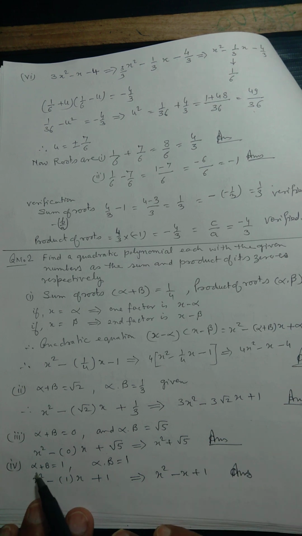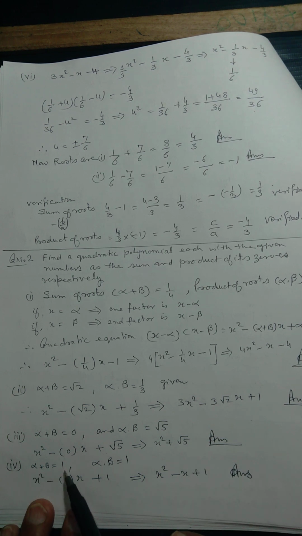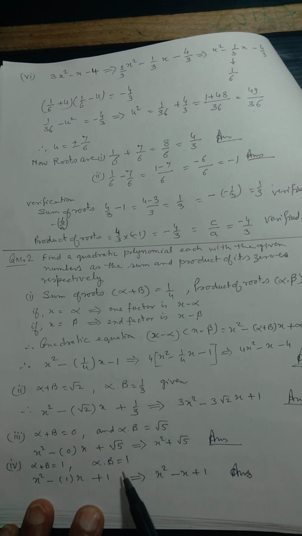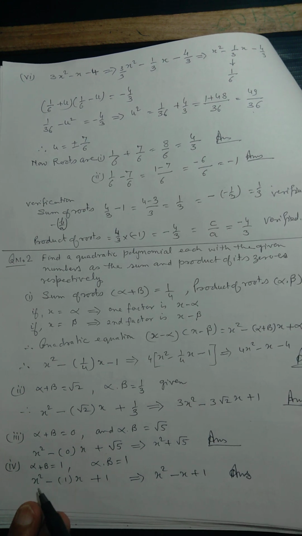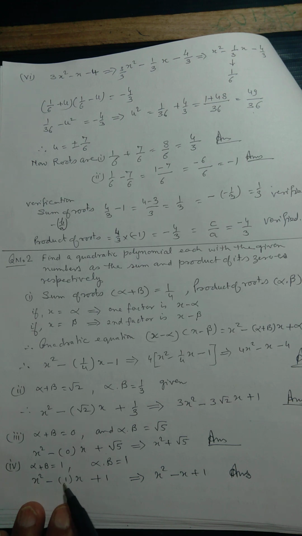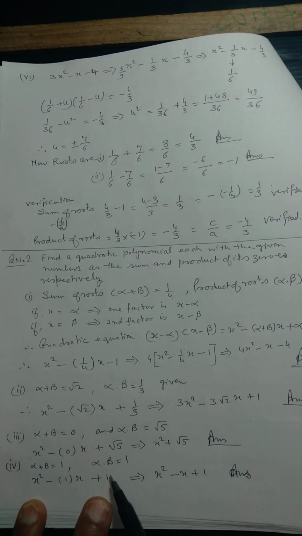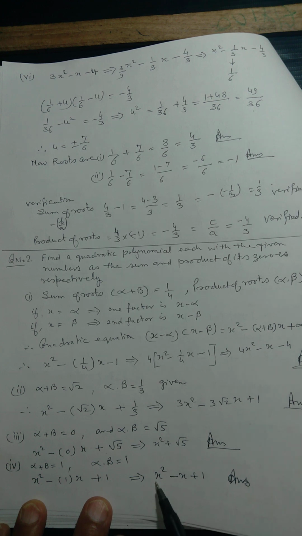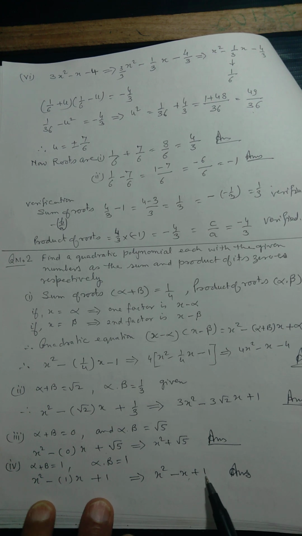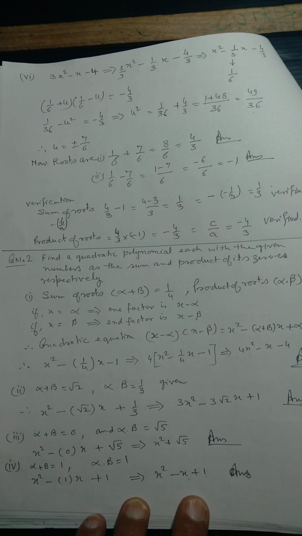Now the fourth part, that is alpha plus beta is equal to 1 and alpha into beta is equal to 1. So x square minus, inside the bracket, write down the sum of the roots, that is 1, x plus the product of the roots, that is 1. So x square minus x plus 1. This will be the fourth part.